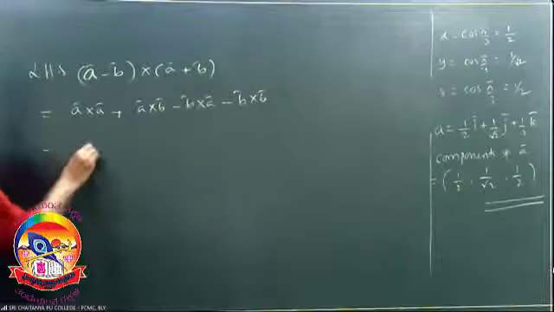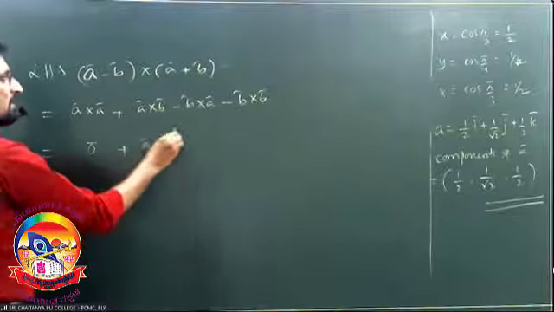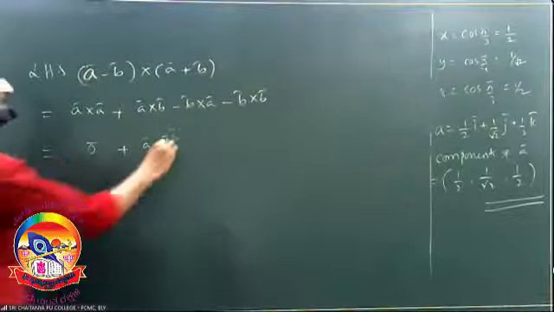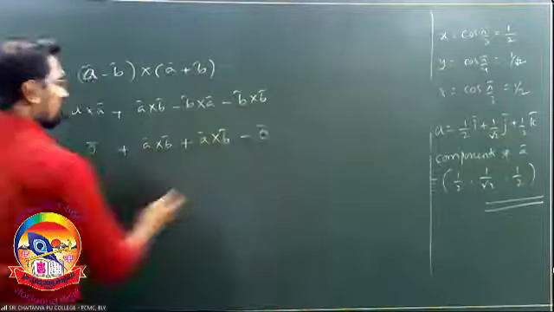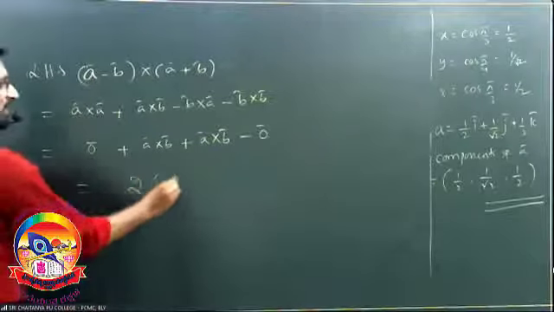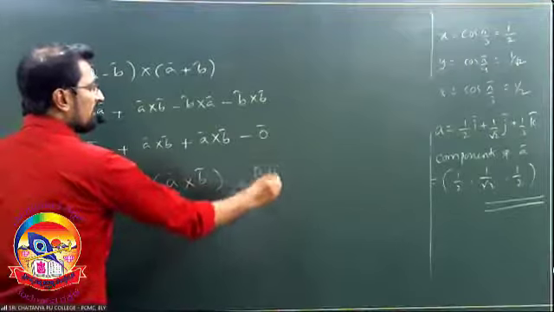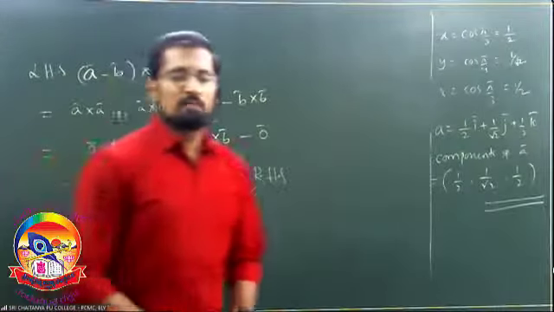Which is equal to, this is a null vector, plus A cross B. Negative of B cross A can also be written as positive A cross B, and this is a null vector, which you can write as 2 times A bar cross B bar, which is the value of the RHS.